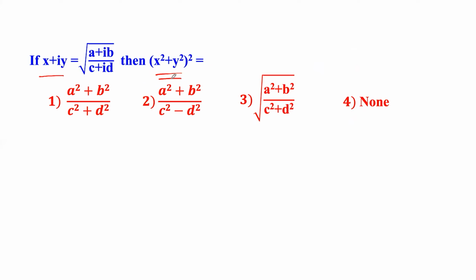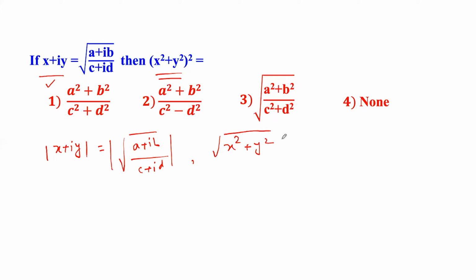Either we can apply the modulus or the conjugate, right? If I'm applying the modulus, then the modulus of x plus iy is equal to the modulus of (a plus ib) upon (c plus id), whole under root. So this is the under root of x square plus y square.